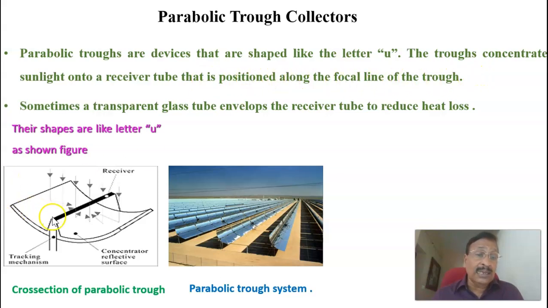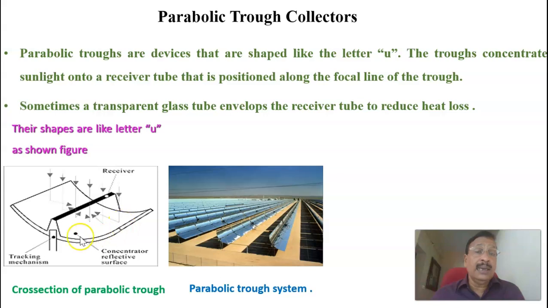It is a line focusing. Here this is the collector, and the solar energy is focused along this line. Sometimes a transparent glass tube envelopes the receiver tube to reduce the heat loss. Their shape is like a U, as shown in the figure.